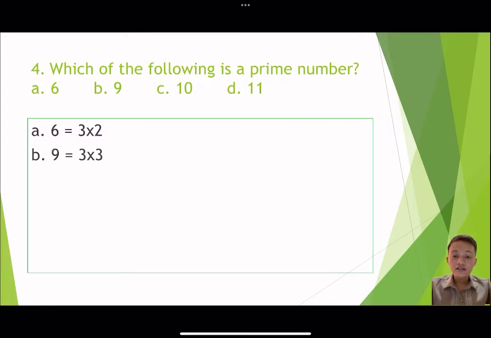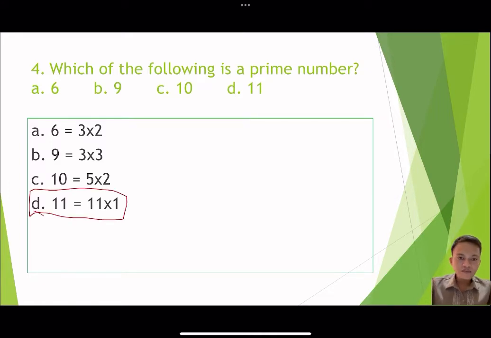Letter B, 9, the factors are 3 times 3. Letter C is 10, the factors are 5 times 2. And letter D is 11, the factors are 11 times 1. The answer will be letter D because wala siyang ibang factor kundi yung sarili niya and number 1. So, 11 is a prime number.